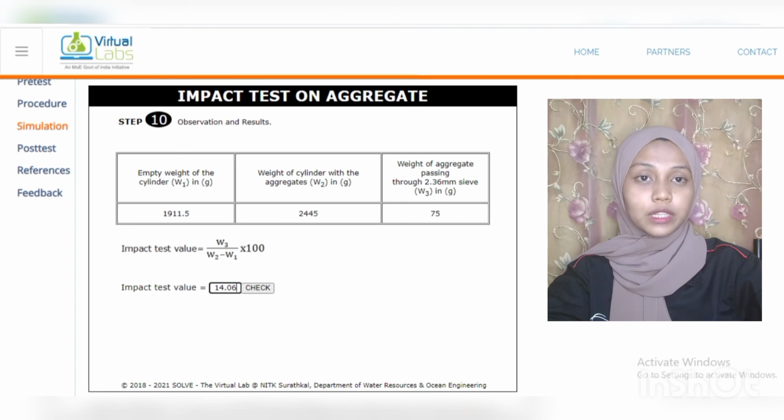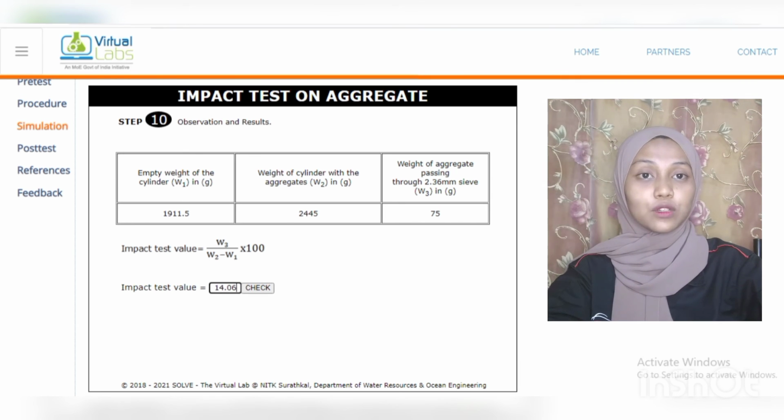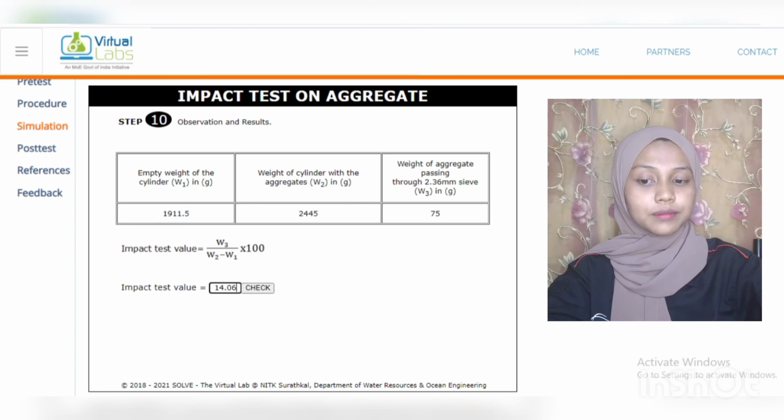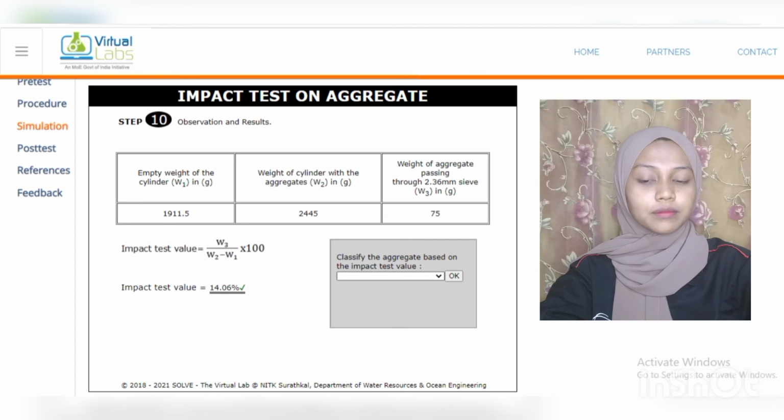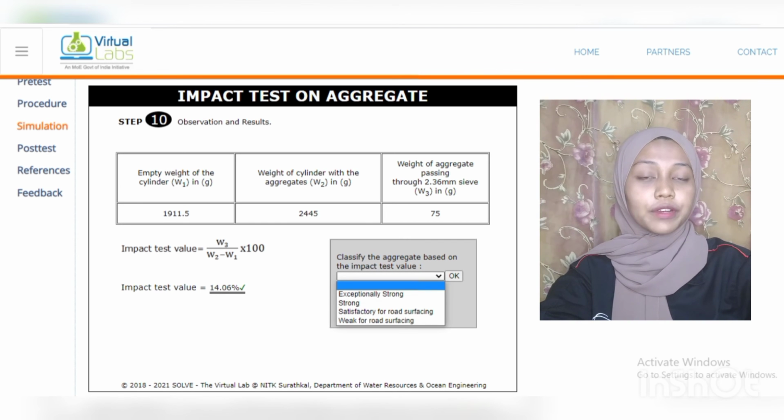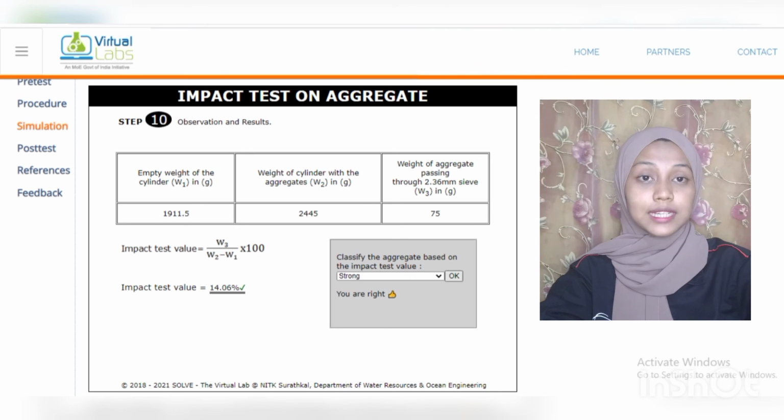And the impact value is 14.06. Classify the aggregate based on the impact test value. The answer is wrong.